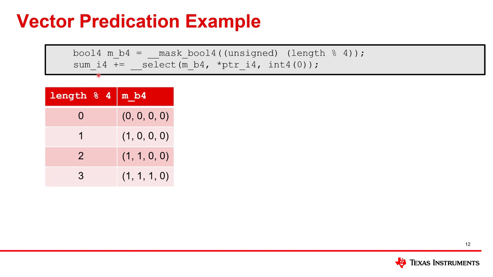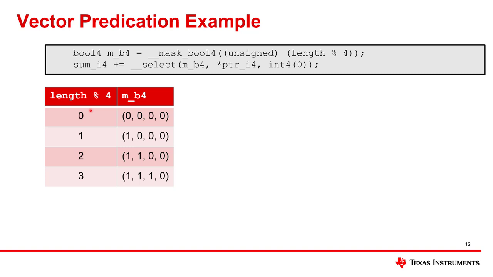And that's an input to this intrinsic mask bool 4, which returns the values that are shown in this column of the table. 0 gives you a mask of all zeros. What mask bool 4 returns is a mask of 1s starting at the first position, and how many 1s there will be is given by the number that's the input.